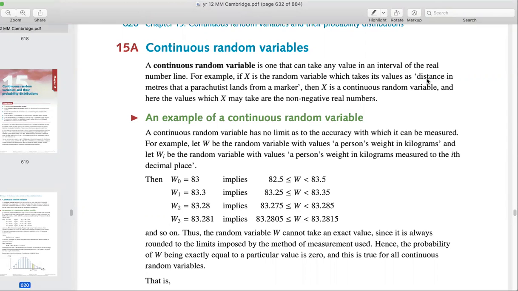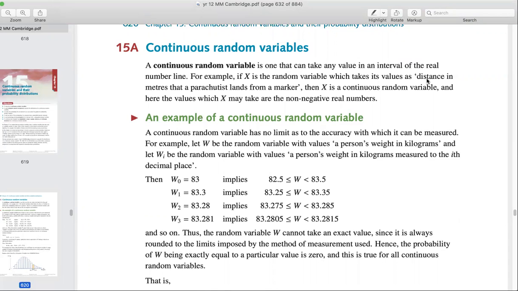And of course, a continuous random variable basically is not really countable. For example, a person's weight in kilograms implies that this person's weight is between some region, right? If it's 83, it implies that it's greater than 82.5 and less than 83.5, because we're always rounding, right?